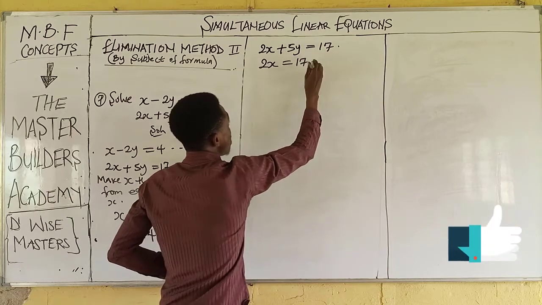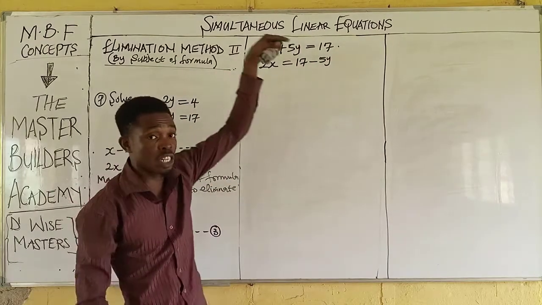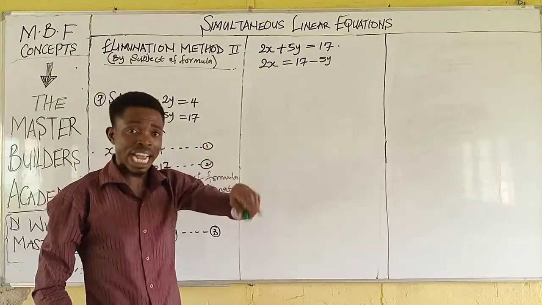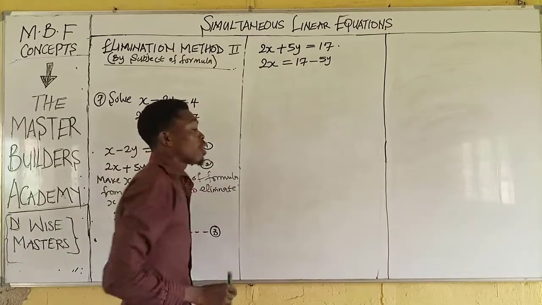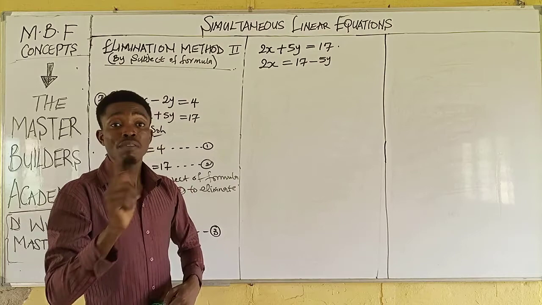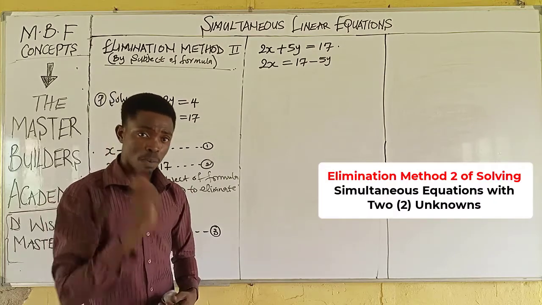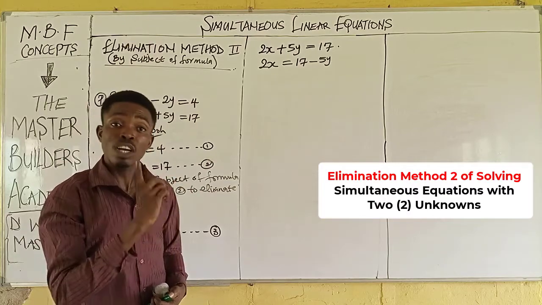There we have 17 minus 5y. Understand that as plus 5y crosses from left to right, the sign changes. Okay, now at this point, we know that we are looking for x. We want to make x the subject of formula, so we need to divide both sides by the coefficient of x, because for x to be the subject of formula, the coefficient of x must be 1 and the power of x will equally be 1.